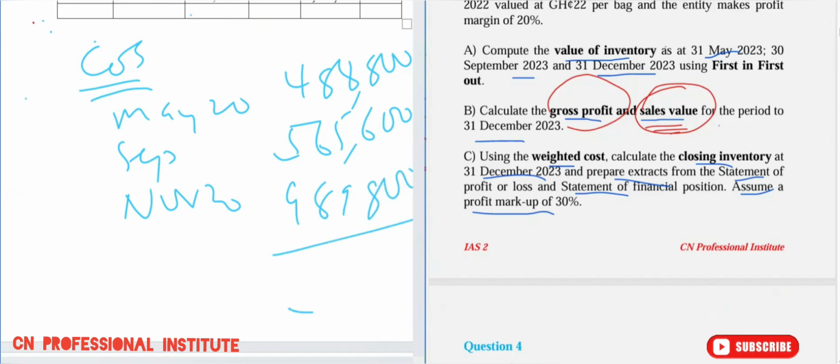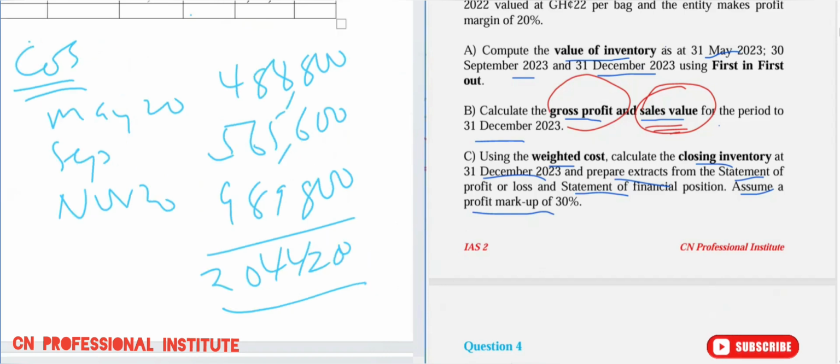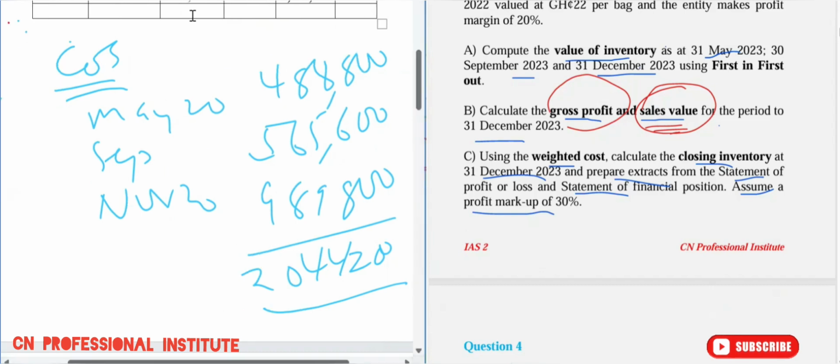I sum all, and I have 2,044,200. If you don't get the exact thing, it should be something closer. So these are cost of sales. You can use the opening stock, add purchases and stuff.